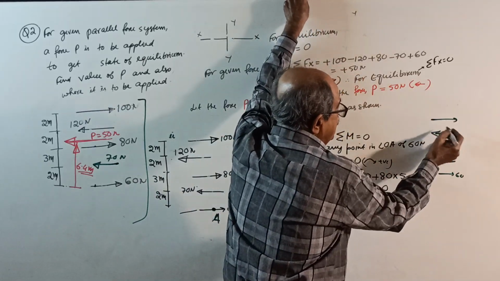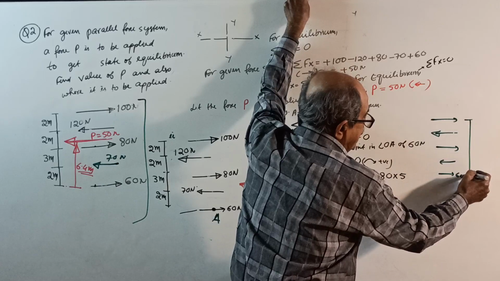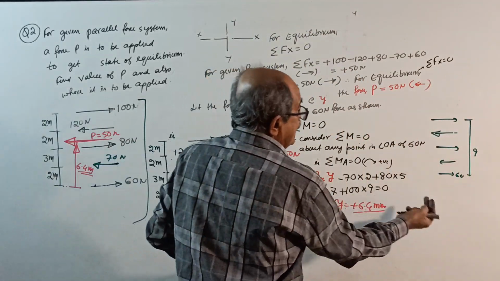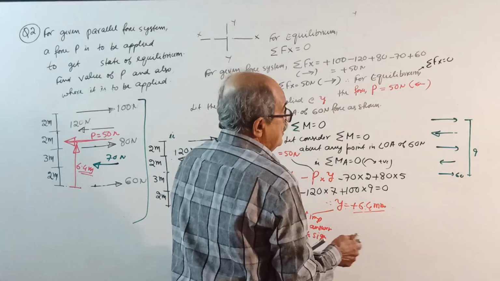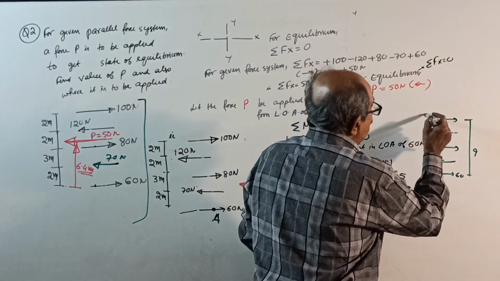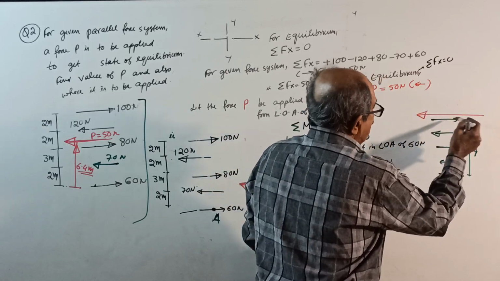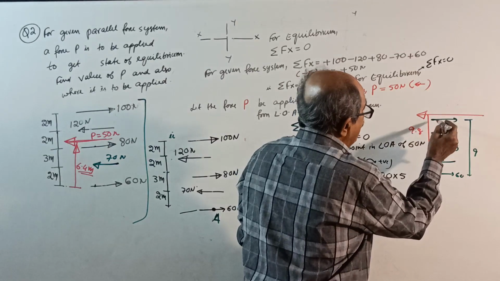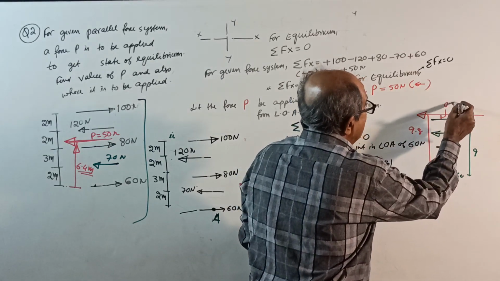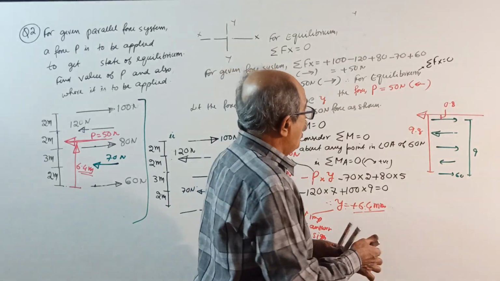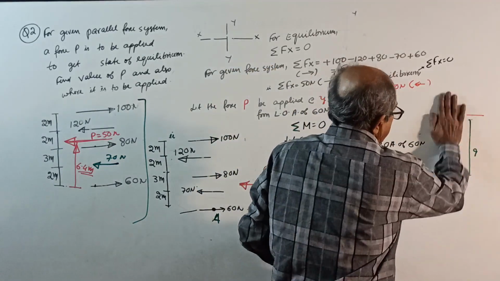From here to here is 9 meter. Correct? 9 point plus only comes. So 9.8 means your P should be applied somewhere here, at a distance of 9.8 meter, or 0.8 meter above the uppermost force. Make a note.